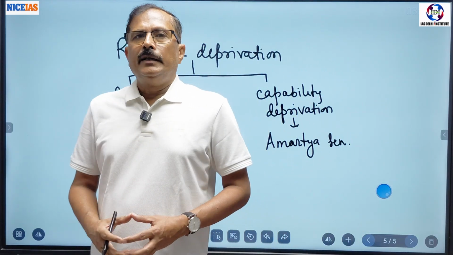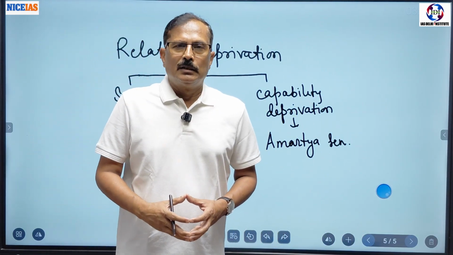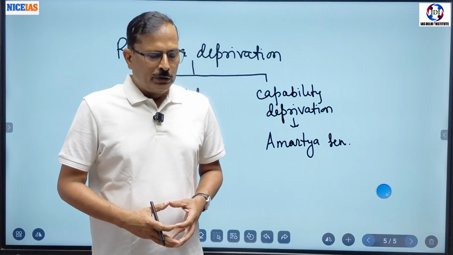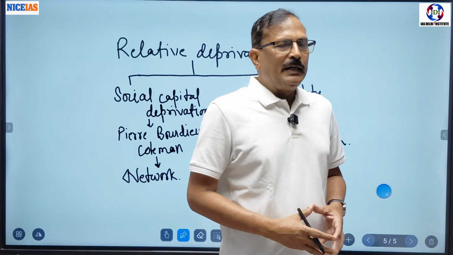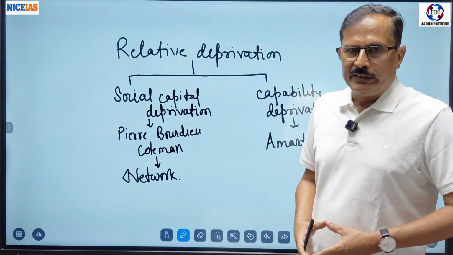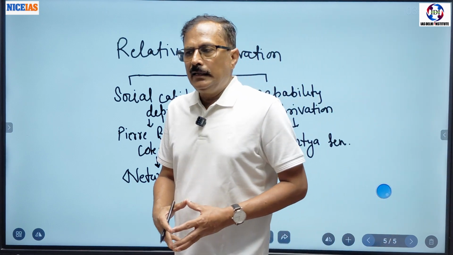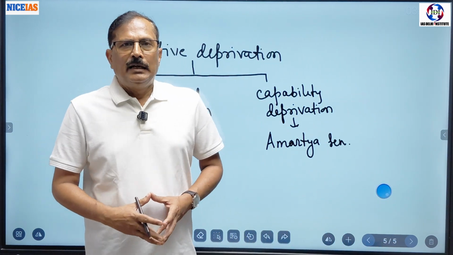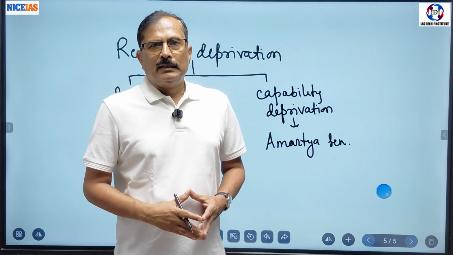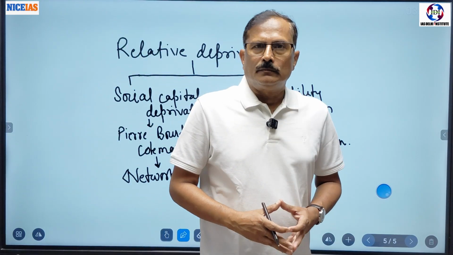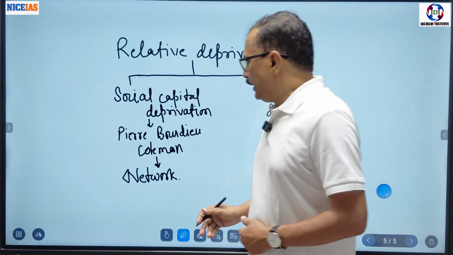For example, in India, the scheduled castes were socially excluded. They were not allowed to participate in mainstream economic activity. They were not allowed to own land, and they did not have any connect with the ruling elites, and that's why they suffered from chronic poverty.